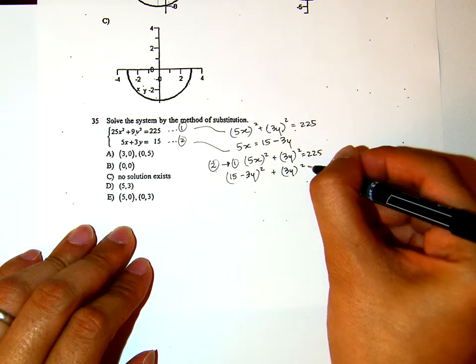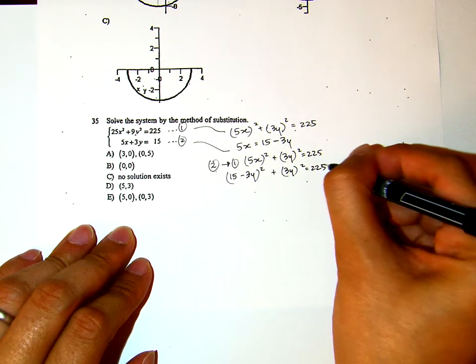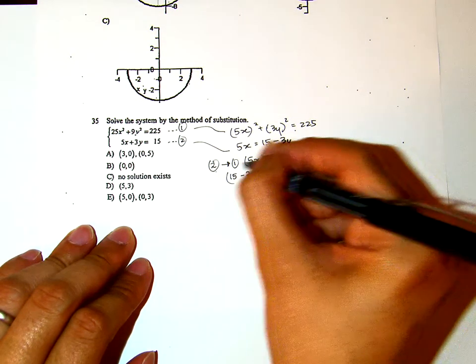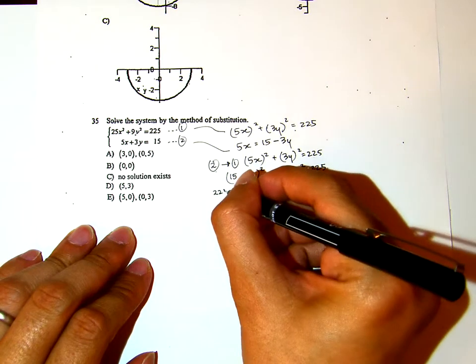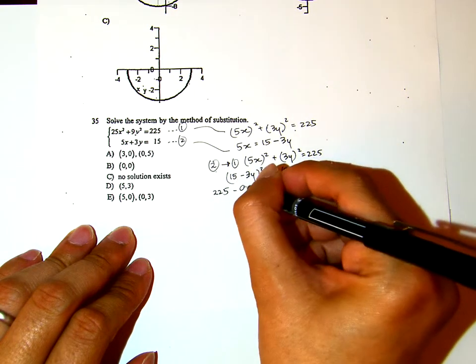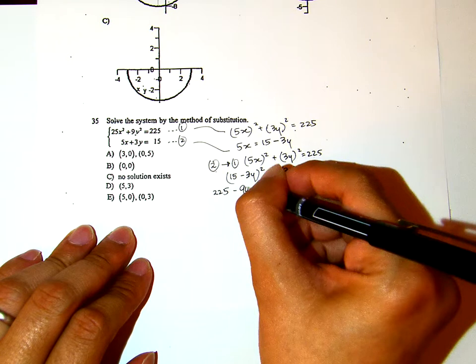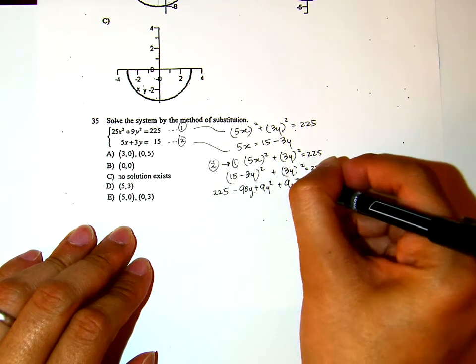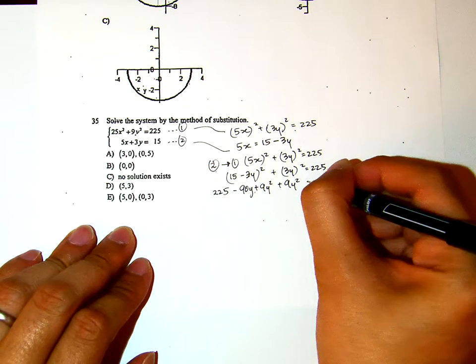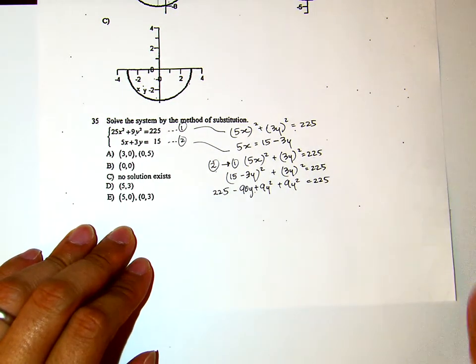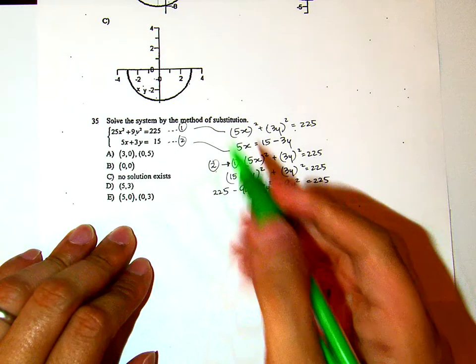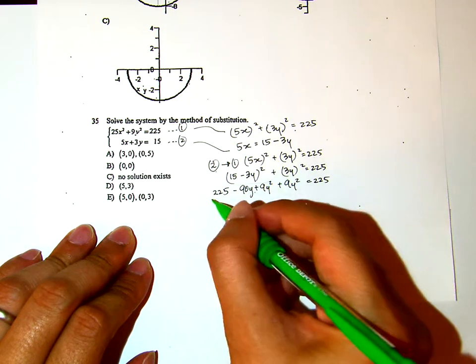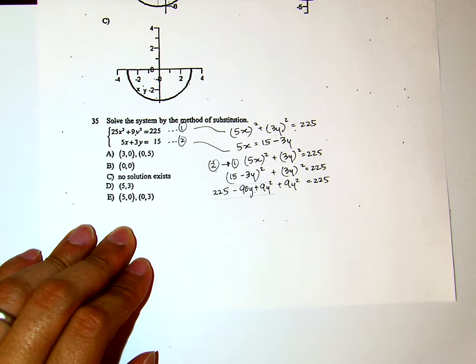equals 225. Now I will FOIL this part. There will be 225 minus 90y plus 9y² plus 9y² equals 225. If I FOIL these, I will get these. I hope you can see the shadow.